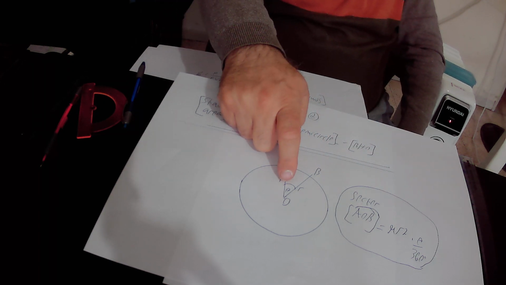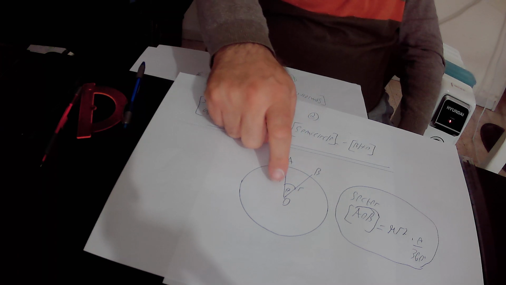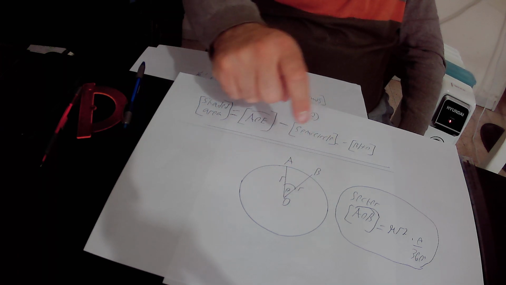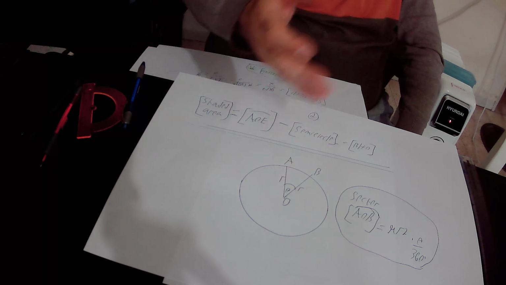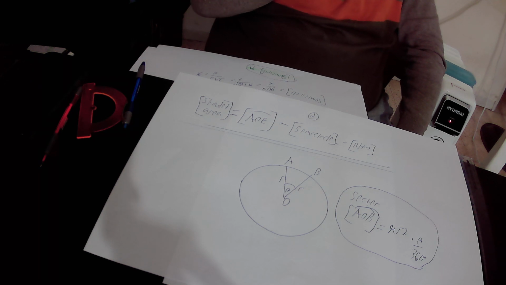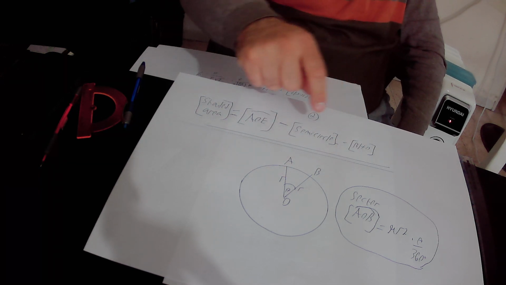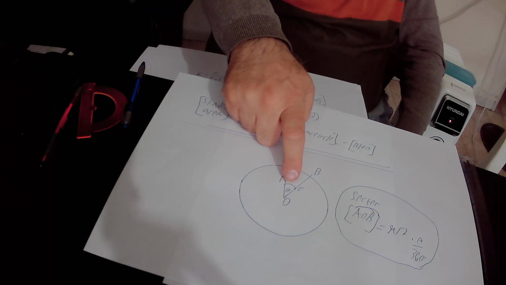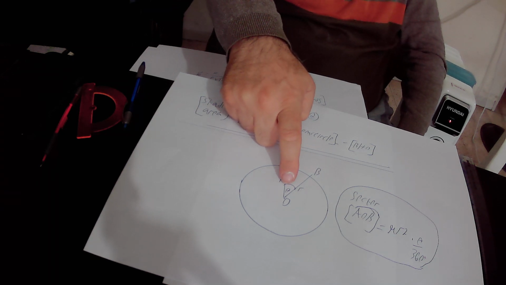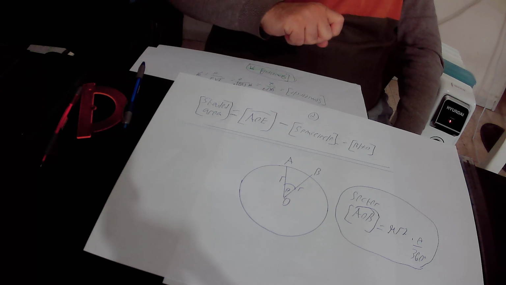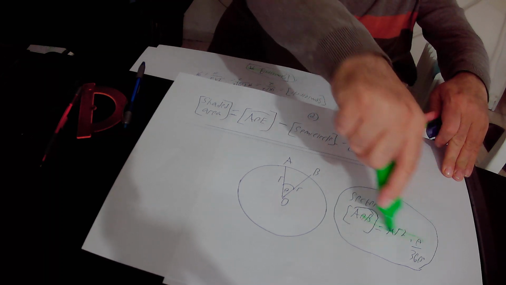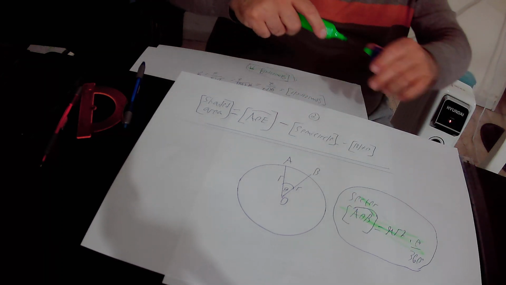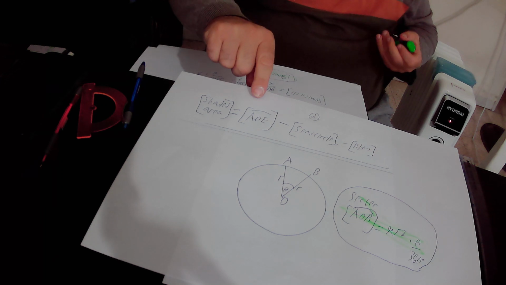Theta is the angle between the legs of this sector. The two legs are AO and OB, and they are also the radius of the circle, that is R. So the area of any sector equals pi r squared, times the angle between the legs of the sector, theta, over 360 degrees. Here we can implement this formula in order to find out the area of our sector, sector AOE.